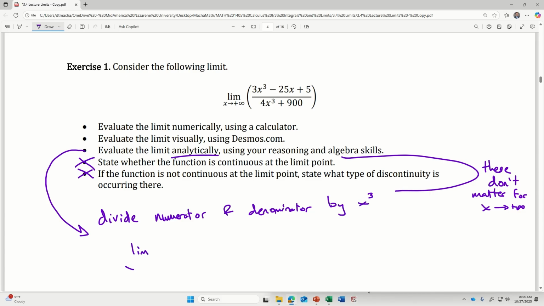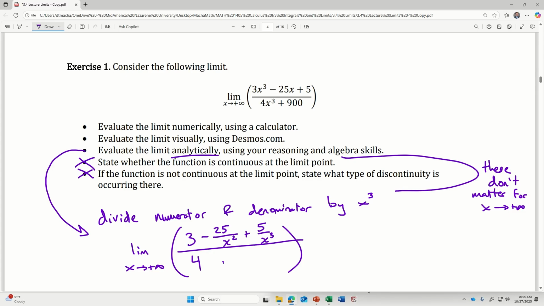And what I will get is the limit as x approaches plus infinity of, what's 3x cubed divided by x cubed? 3. 25x divided by x cubed is going to be 25 divided by x squared, and then 5 divided by x cubed over, what's 4x cubed divided by x cubed? 4.